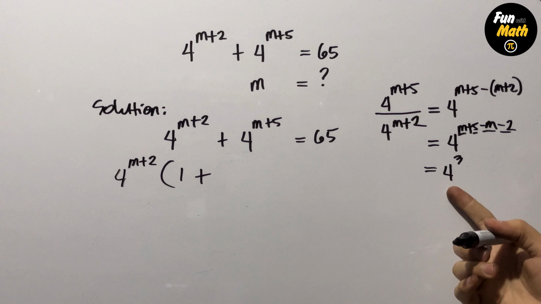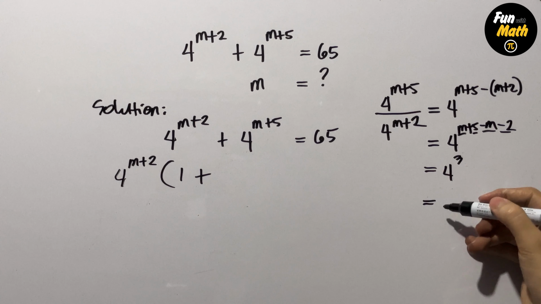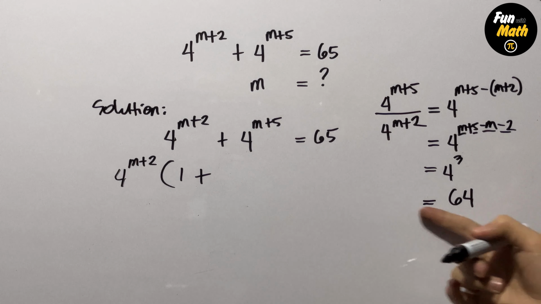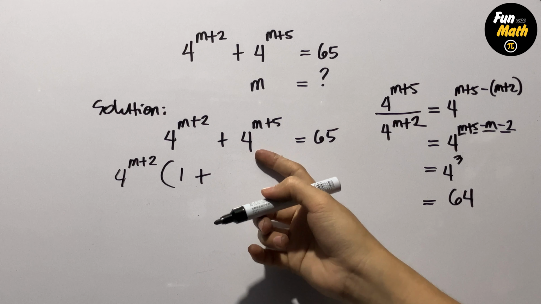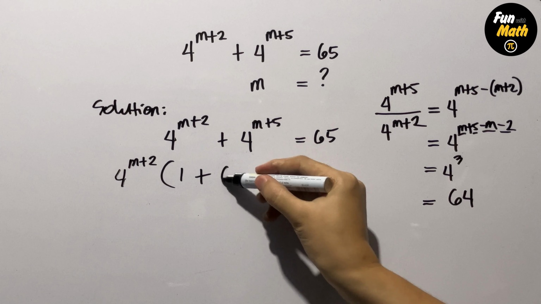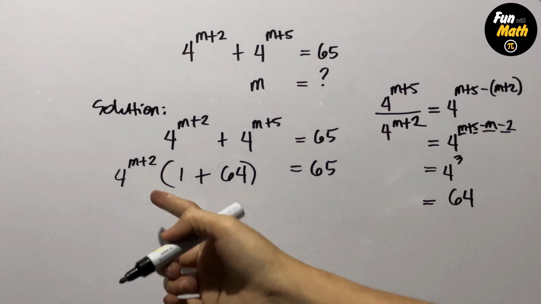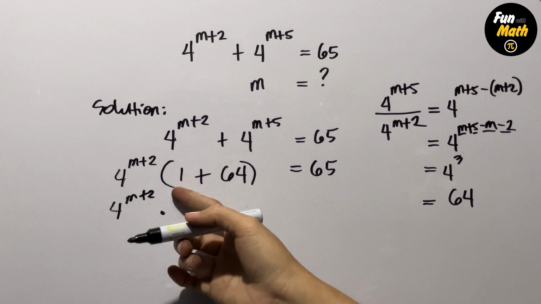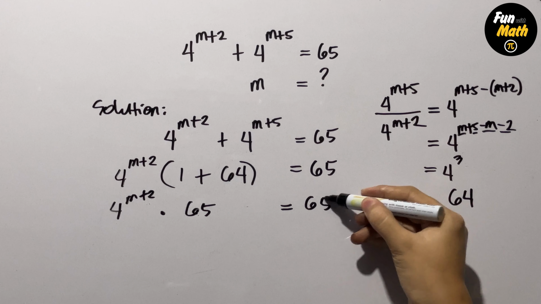So 4 to the power of m plus 2 times 65 equals 65.